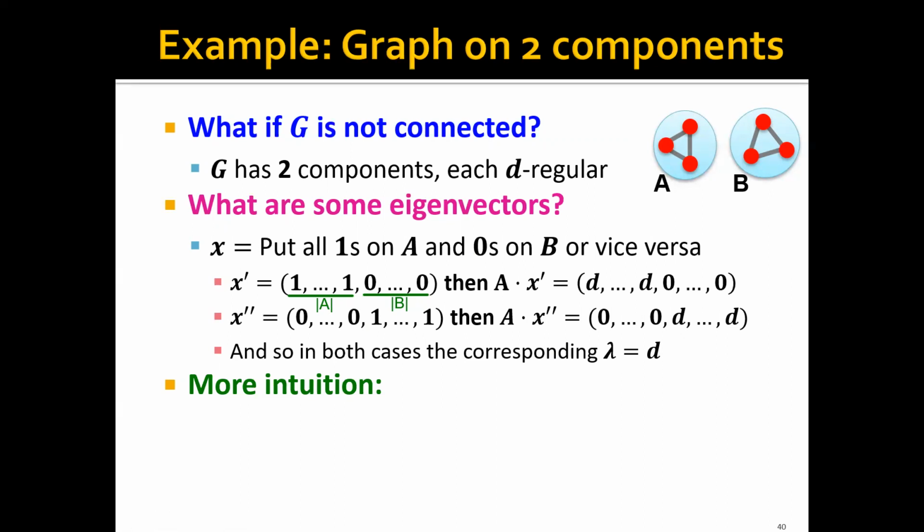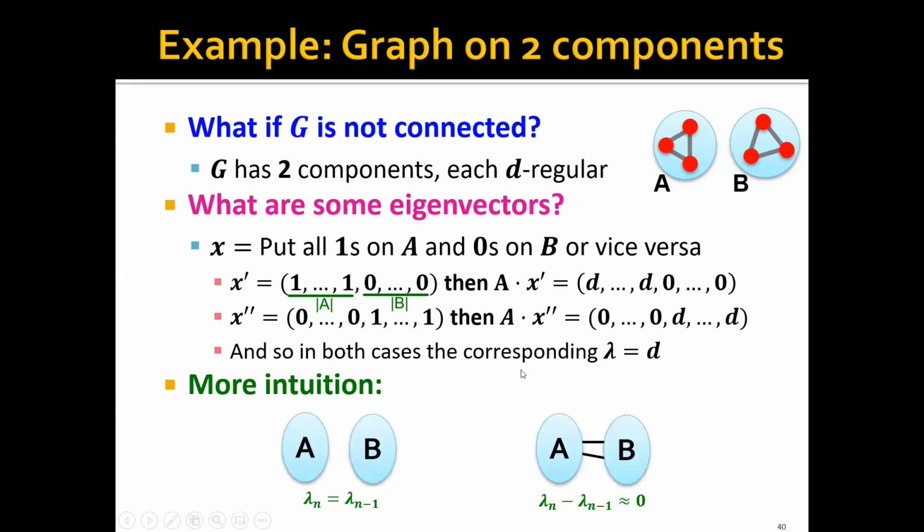So what does this mean? Intuitively, and you can actually prove that in this case, this lambda D is both the largest eigenvalue and the second largest eigenvalue.